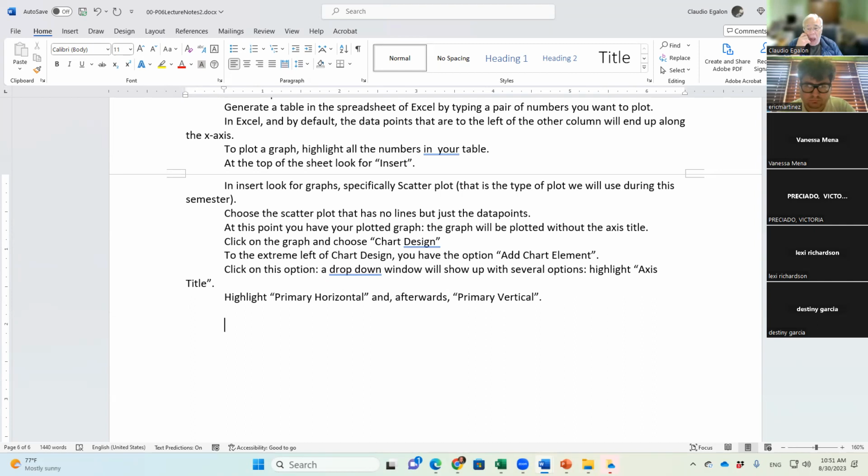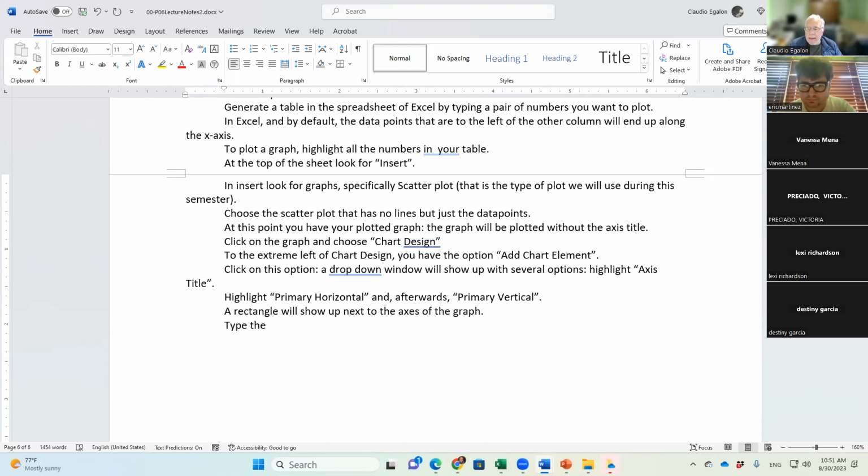Okay. A rectangle will show up next to the axis of the graph. Okay.